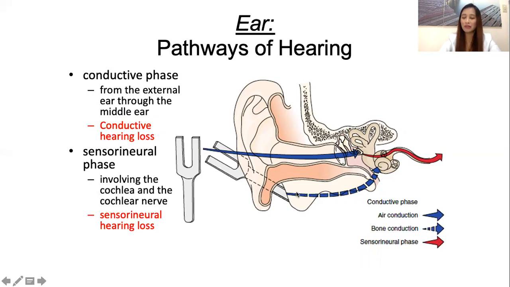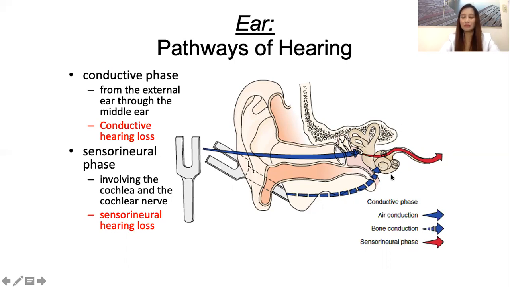This vibration of the bone can be transmitted and detected by the cochlea, and it will be perceived as a sound. So that's your bone conduction, and it bypasses your conductive phase.